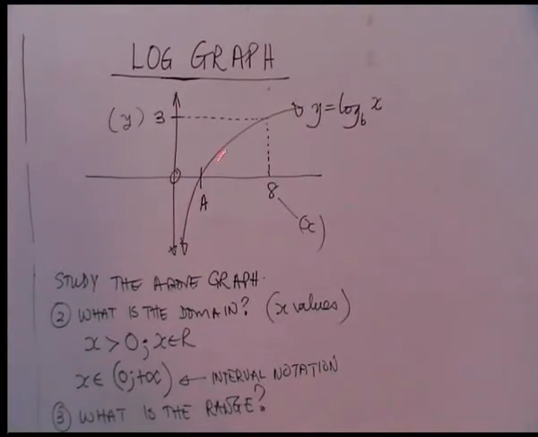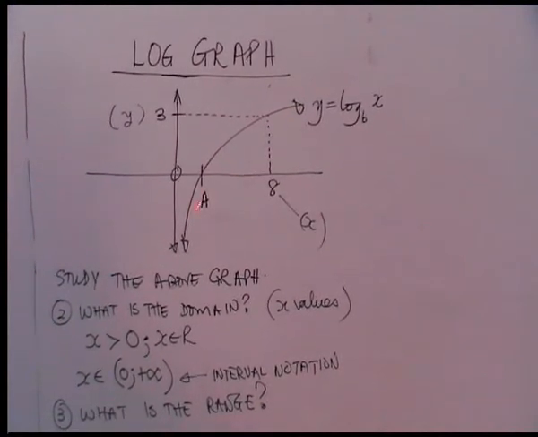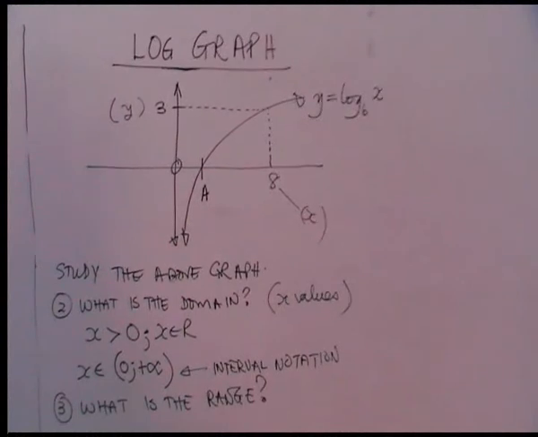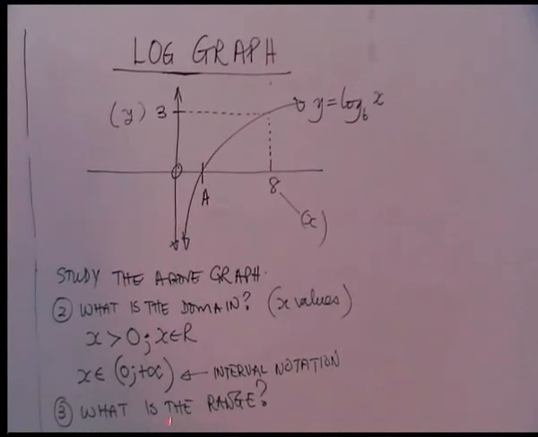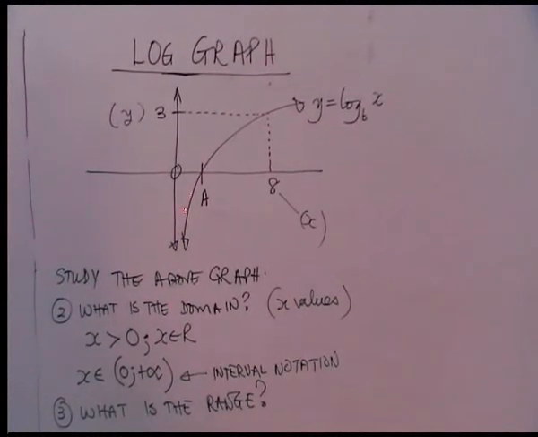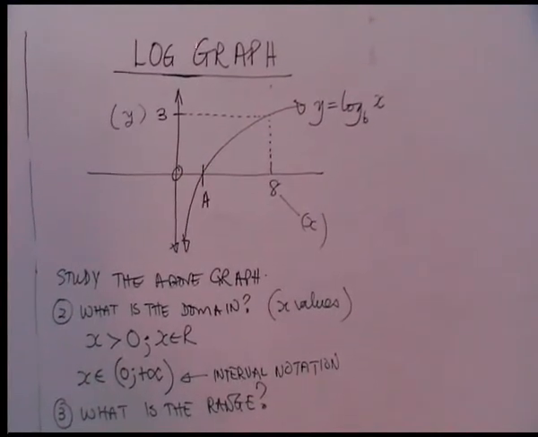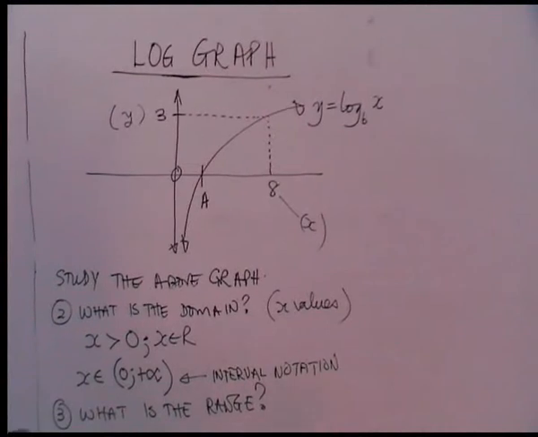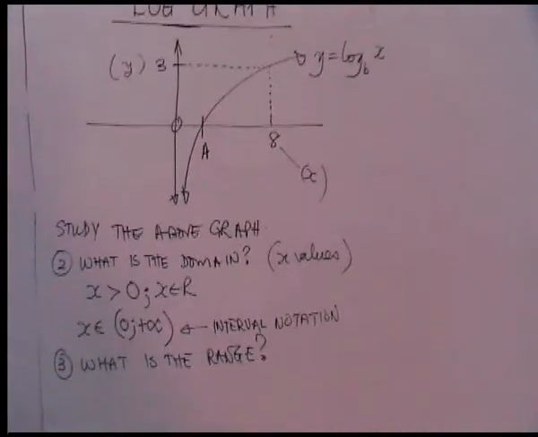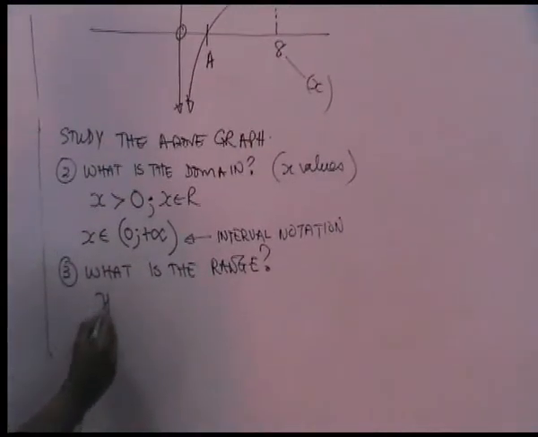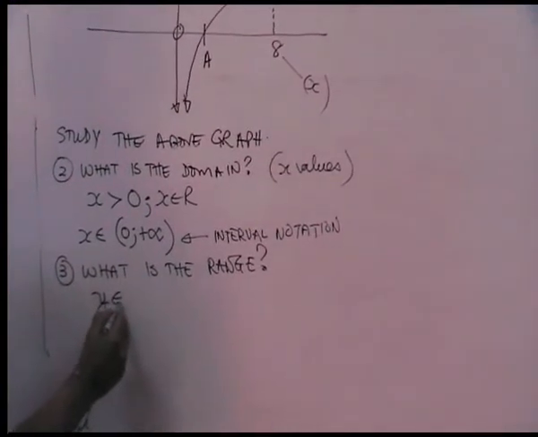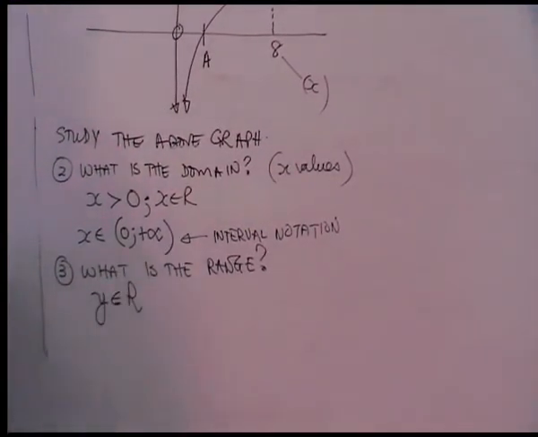You can see that this graph will continue forever upwards, and this graph will continue forever down this way. So we will be using every negative y value, including 0, and then every positive y value as the graph goes up. So therefore, we will say that y is an element of real numbers.